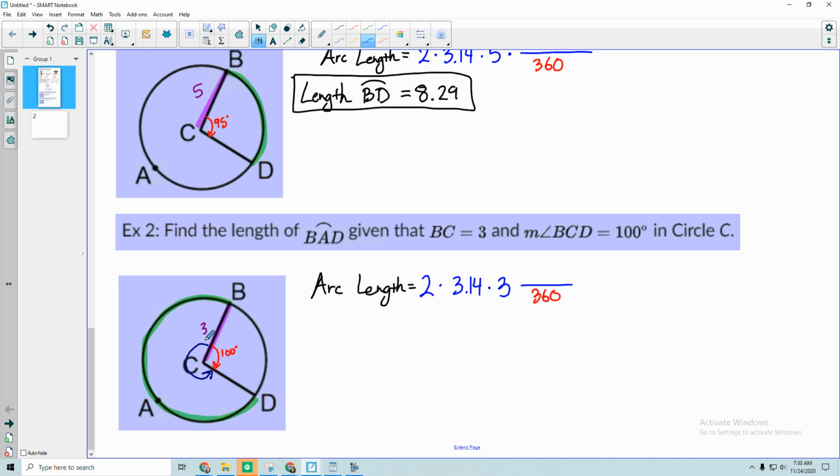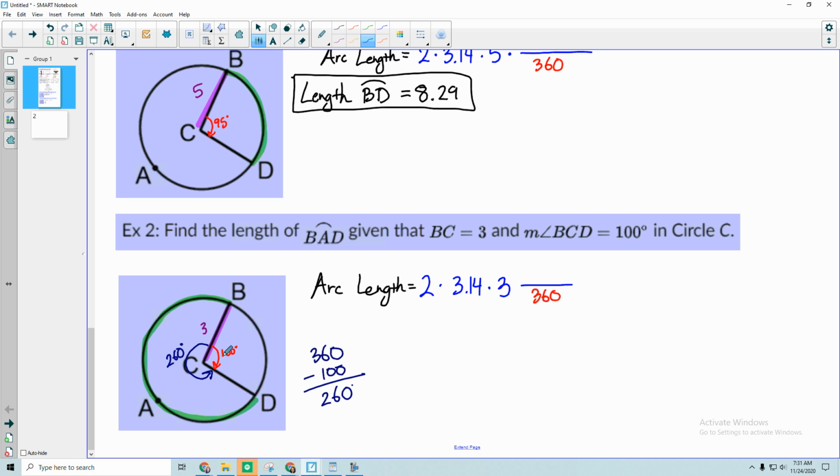Okay, so to do that, I know that the whole circle, if I measure it in degrees, is 360 degrees. So if I take 360, subtract 100 from it, then I'll be able to find out that dark blue angle there. So that should be 260. Okay, so now I found the angle that corresponds to that arc that I'm trying to find.